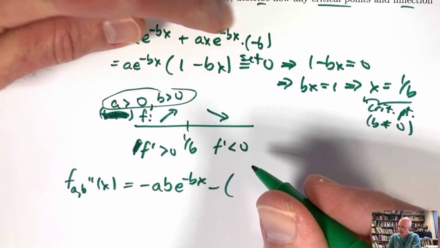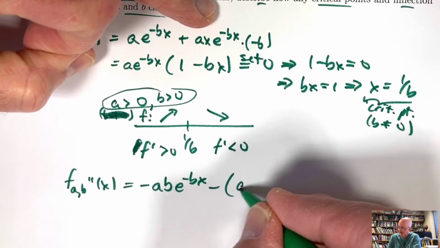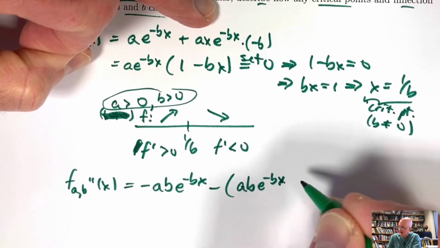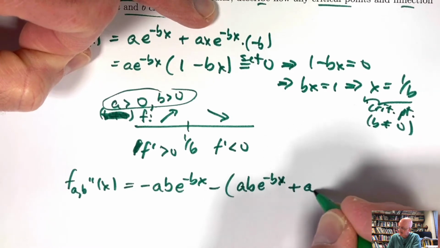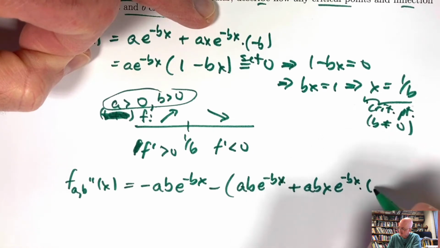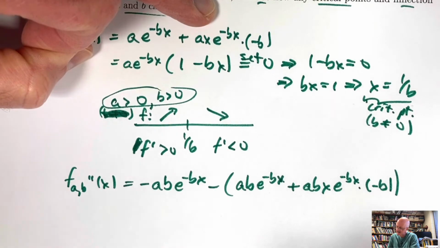So I'm bringing that minus sign in front, then taking the derivative of abx, which is just ab, times e to the negative bx, and then abx times the derivative of e to the negative bx would give me this. That's pretty tricky. You've got to be really careful. I believe I did it right there.